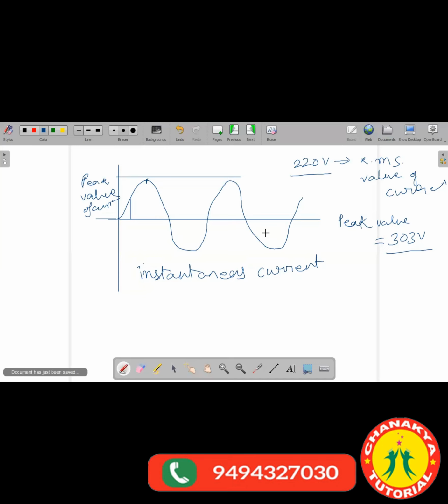In the DC, it's not so. In DC current, the value of voltage will remain the same. If I plot voltage versus time for DC current, once you switch it on, you will have this peak voltage, and after that, it will continue to remain at that voltage. If you turn that off, you will get a voltage zero.